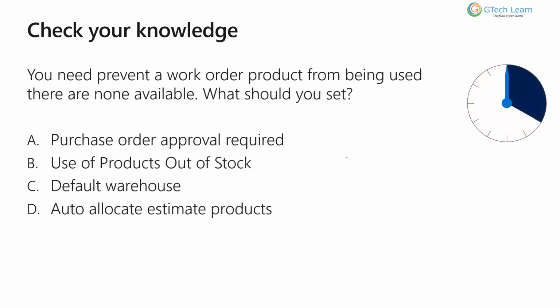The next question we are having in line is, you need to prevent a work order product from being used when there are none available. What should you set? Option A, purchase order approval required. Option B, use of product out of stock. Option C, default warehouse. Option D, auto allocate estimate products. Let's have your answers on the chat and let me start my timer now.